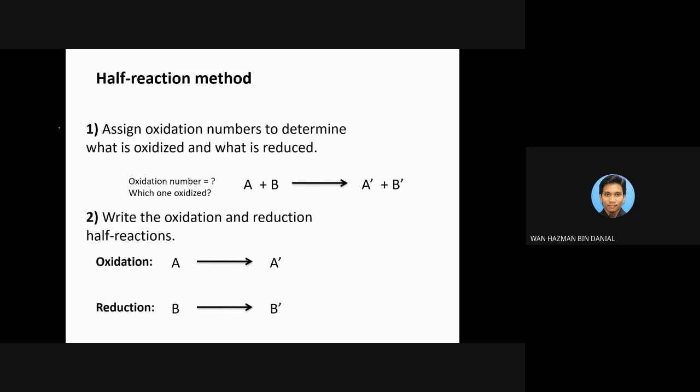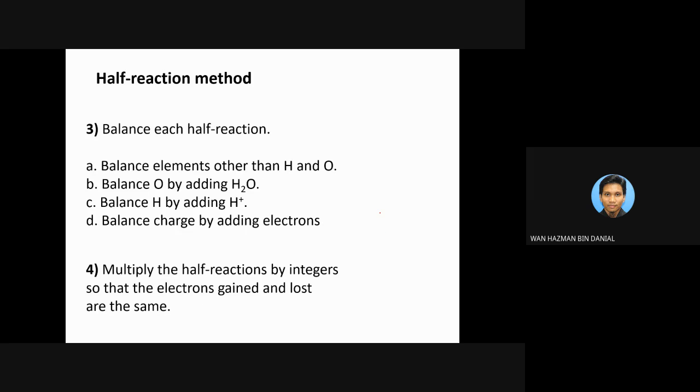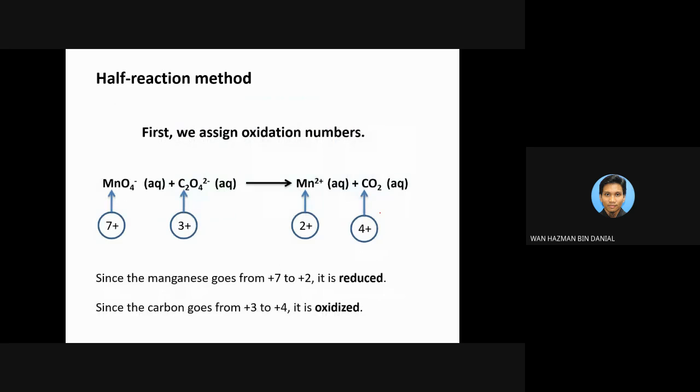Number one, we assign oxidation numbers to determine what is oxidized and what is reduced. It is easier when we know which is oxidized and which is reduced, then we can complete the reactions with either losing electrons or gaining electrons. If it is oxidized, we write the reaction as losing electrons. If it is reduced, it receives electrons. So we can estimate, but in this case, we will see how we do it.